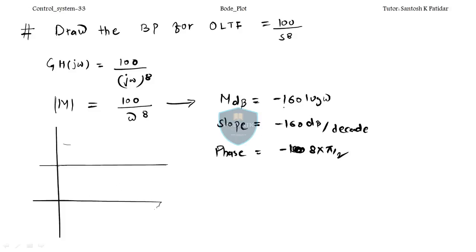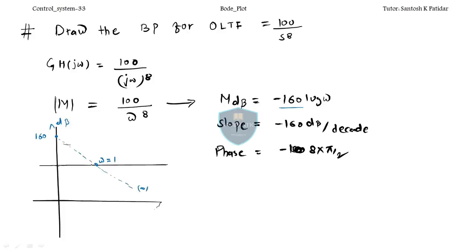The magnitude is minus 160 dB, so it will start, as we discussed in the note point, at 160 dB. This is in dB. Okay, and this line will go continuously, crossing the 0 dB line at omega equal to 1.